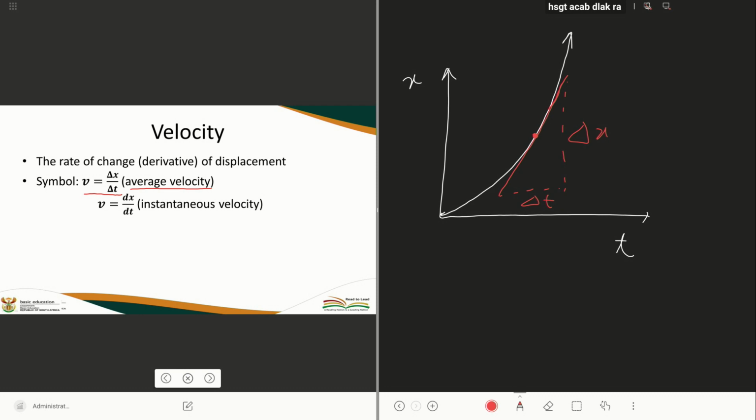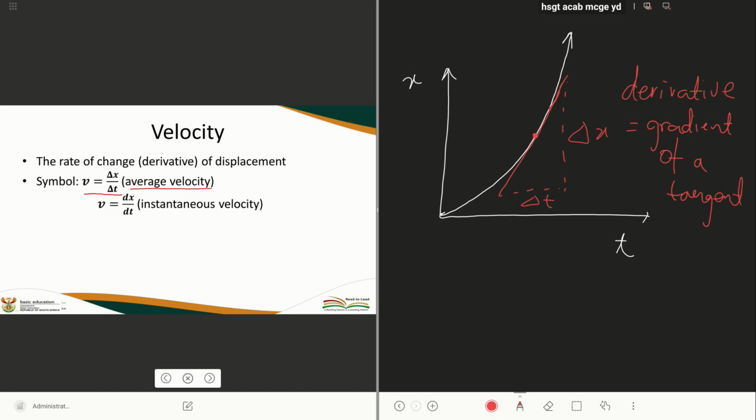All right. But now, in earlier lessons, you were told that the derivative is equal to the gradient of a tangent.